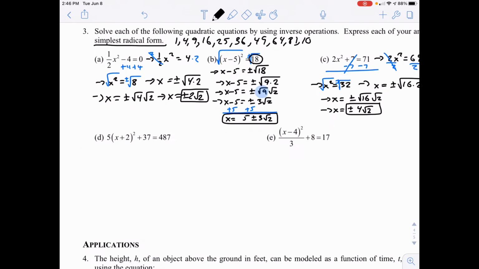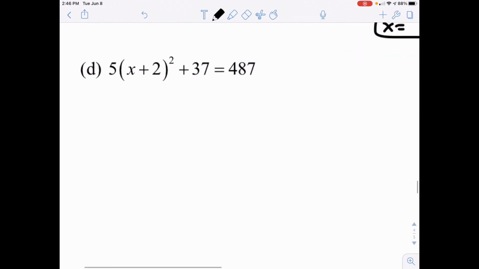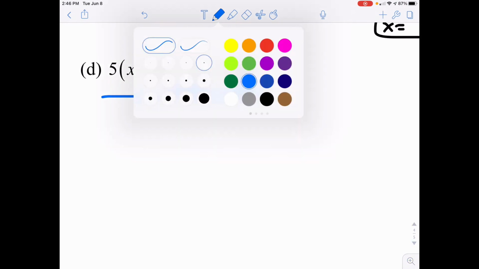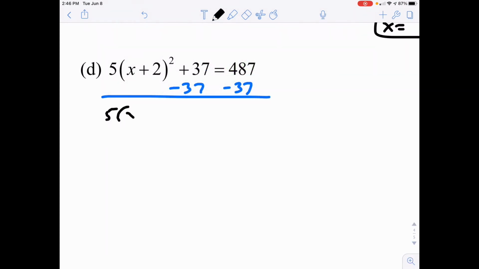Letter D. We'll begin letter D by subtracting 37 from both sides. And when we do, we get 5 times x plus 2 squared equals 450 when we subtract that.